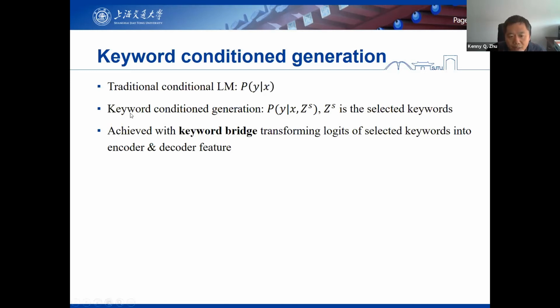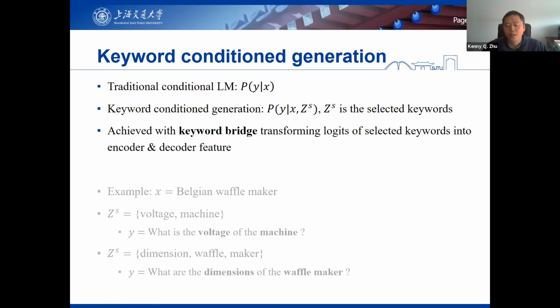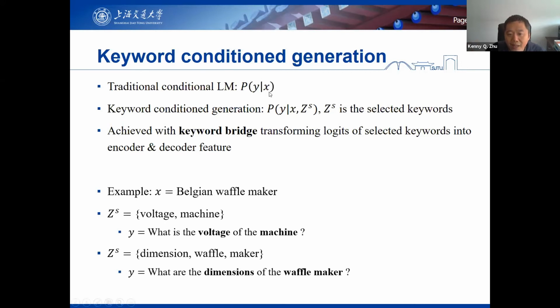The traditional generation method essentially relies on a language model. If you're talking about sequence generation, usually we want to generate Y given X, where X are the previous words that have already been generated, and Y is the next word to be generated. Here, different from this approach, we use something called keyword conditioned generation.